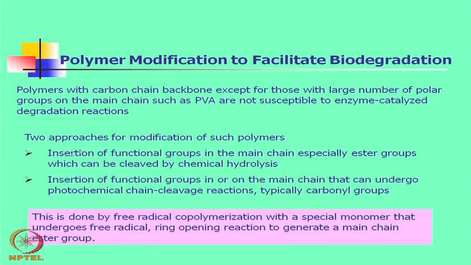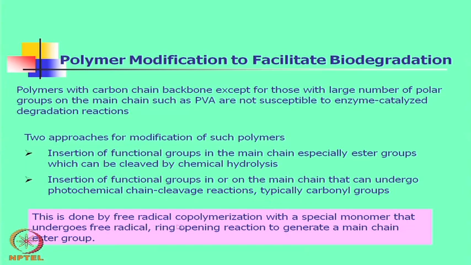So, there are two approaches for modification of such polymers: insertion of functional groups in the main chain, especially ester groups as I mentioned, which can be cleaved by chemical hydrolysis, or insertion of functional groups in or on the main chain that can undergo photochemical chain cleavage reactions, typically carbonyl groups.